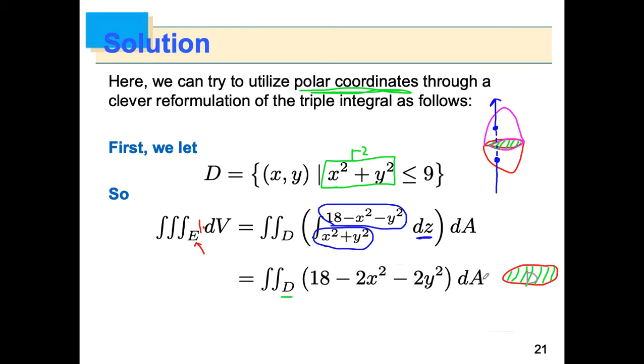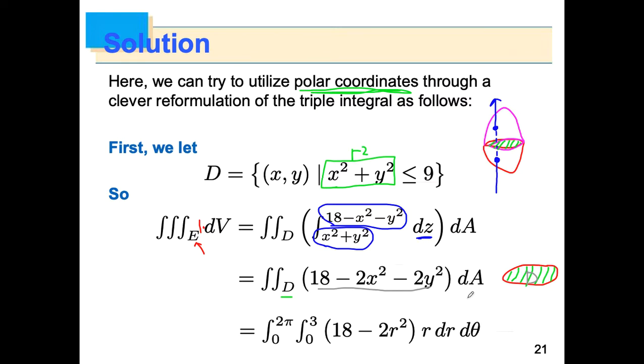This now becomes basically section 15.3, where we're going to be integrating over this region using polar coordinates. And again, like I said, this is where the polar coordinates really shine, because I factor out a -2 from both of these and I end up getting -2r squared, which should be a pretty easy conversion for you.